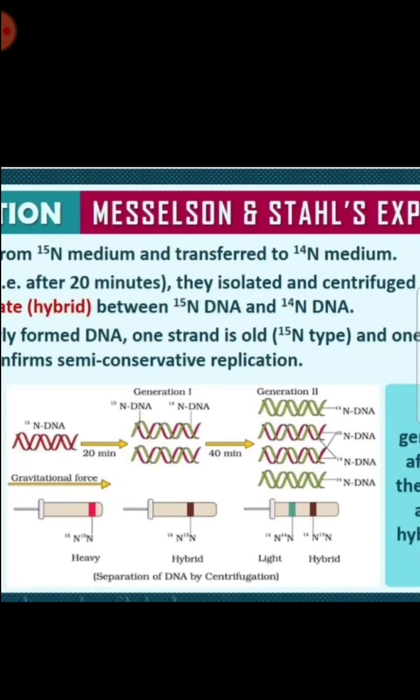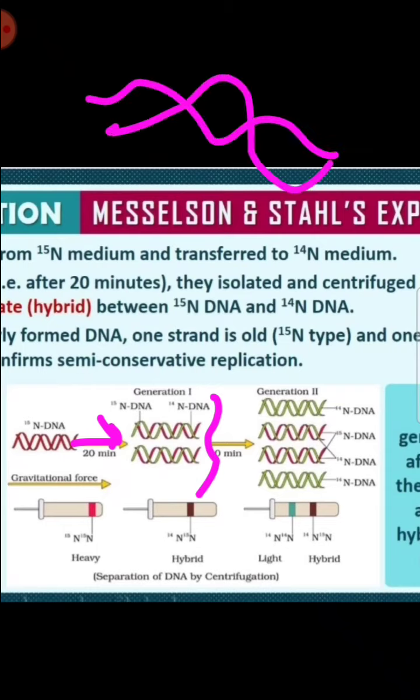But why did they get the lighter, which is N14, here? As you have studied, first these two strands will separate. In the first generation, both DNA molecules will have one N14 strand and one N15 strand, so it shows intermediate.